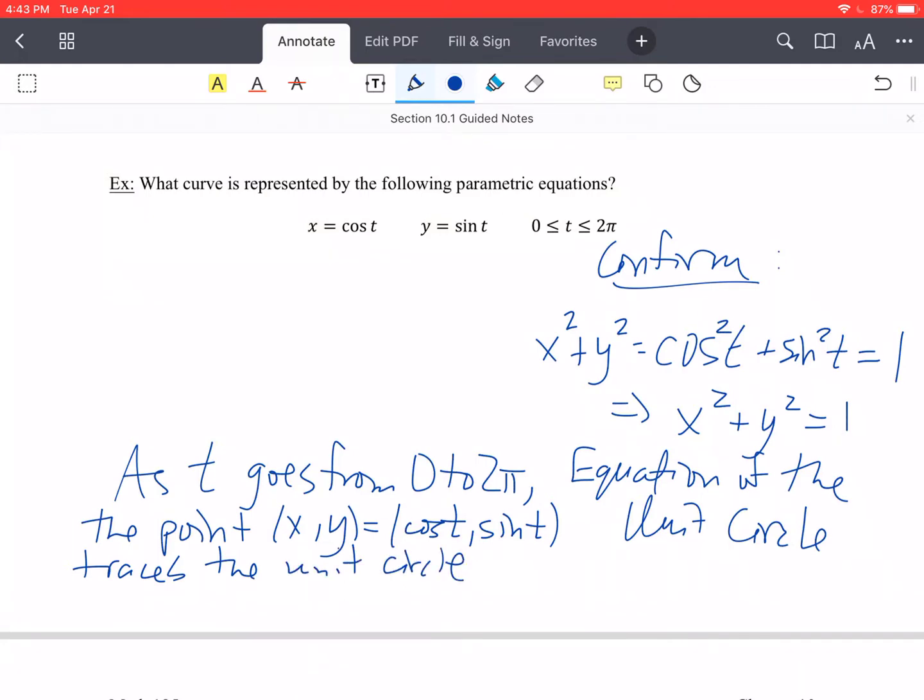It traces the unit circle only once, moving counterclockwise.